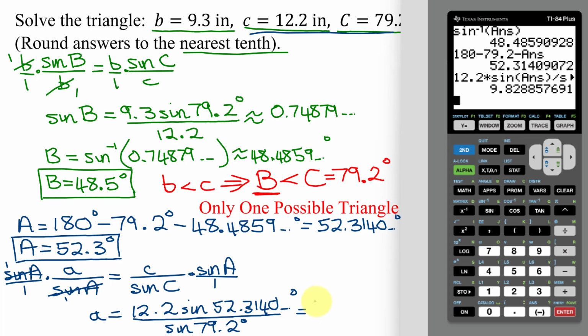So it is 9.828, etc. And rounding that to the nearest tenth, I get, I'm going to write it up here, A equals 9.8 inches.